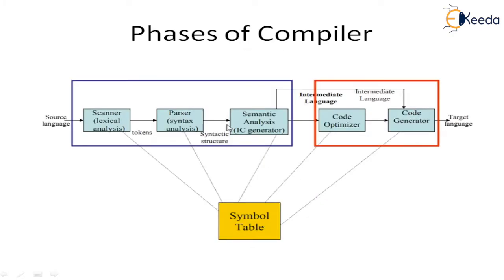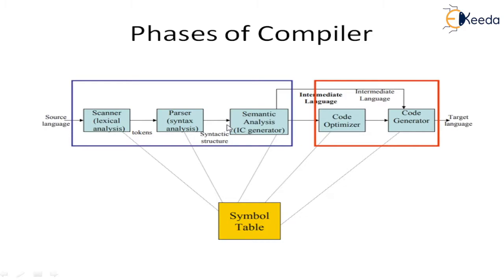These phases of the compiler are also represented as shown in the slide. In this diagram, the source program is given to the first phase, lexical analysis, which is called the scanner of the program and generates the tokens. After that, the tokens are given to the syntax analysis. The syntax analyzer is called a parser. It generates the syntactic structure, which is provided further to the semantic analysis.